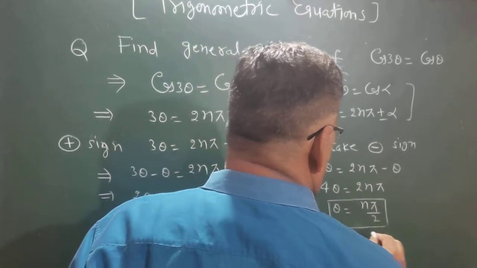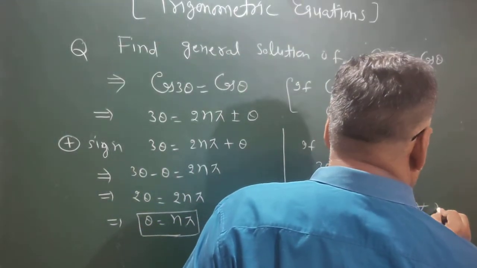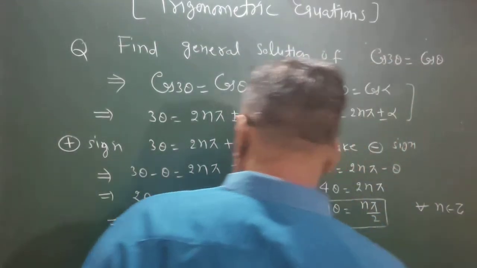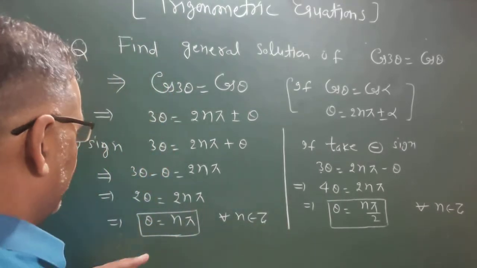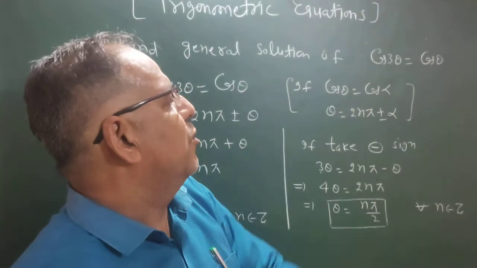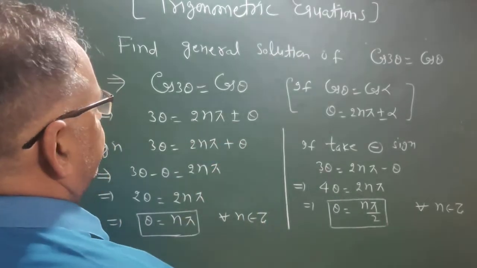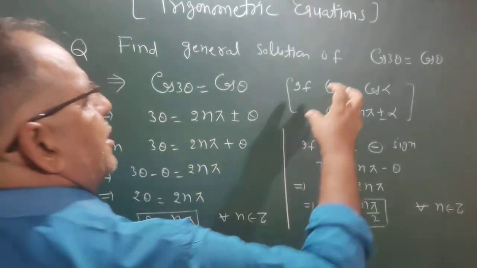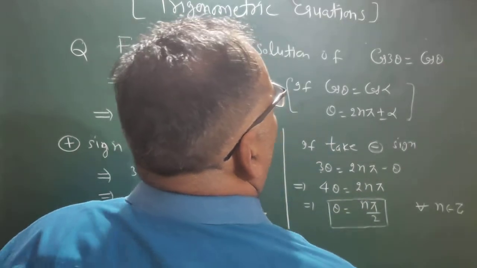So this is the second general solution, for every n belongs to Z, and here also for every n belongs to Z. So these are the general solutions of the trigonometric equation cos 3 theta equal to cos theta. This is different from the earlier question, because in this question both sides have theta as the unknown angle.